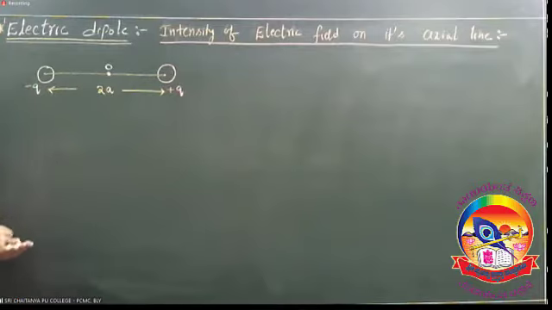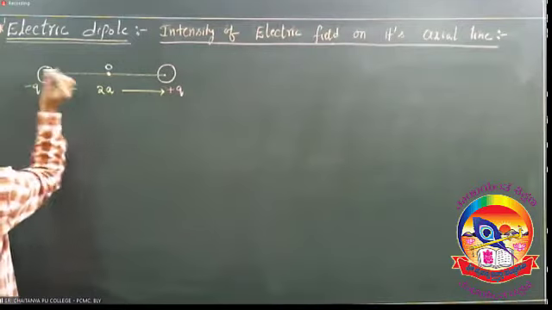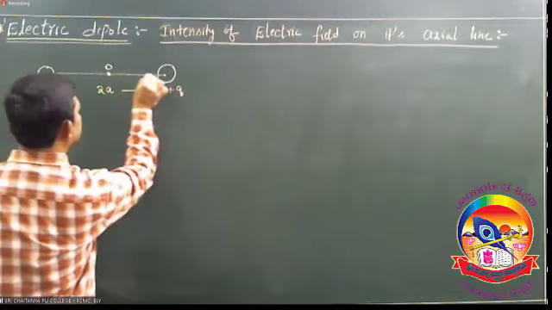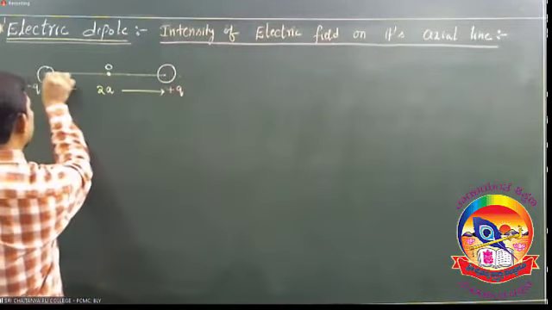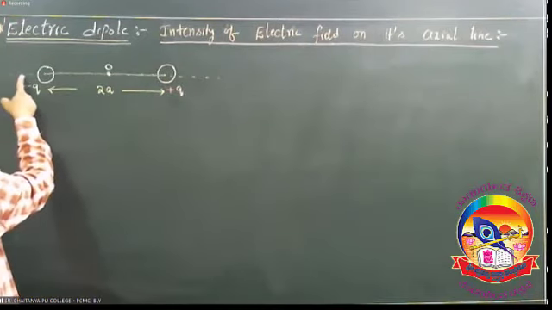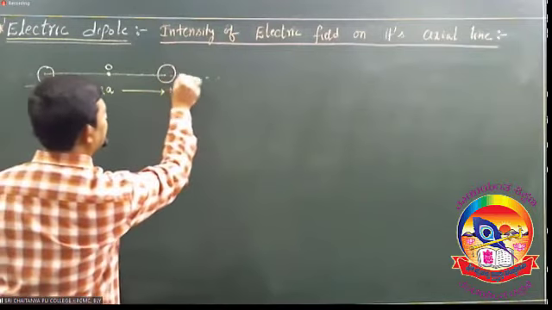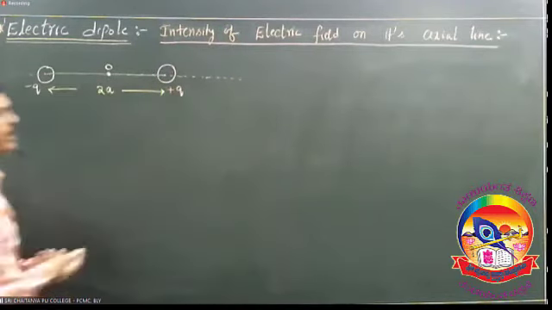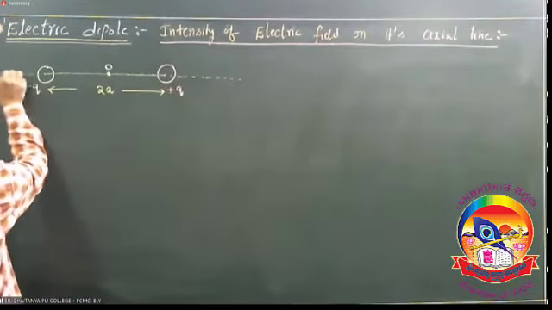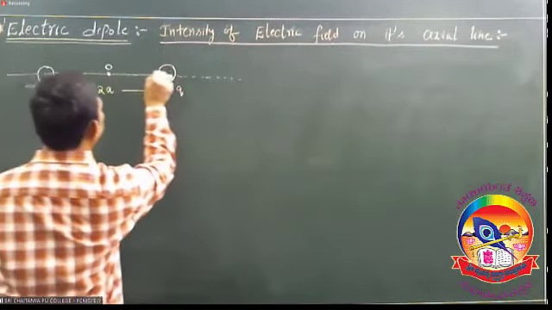The imaginary line which is passing through the two charges, joining those two charges and passing through the center. This line you call the axial line, right? This is a straight line joining these two charges passing through the center.